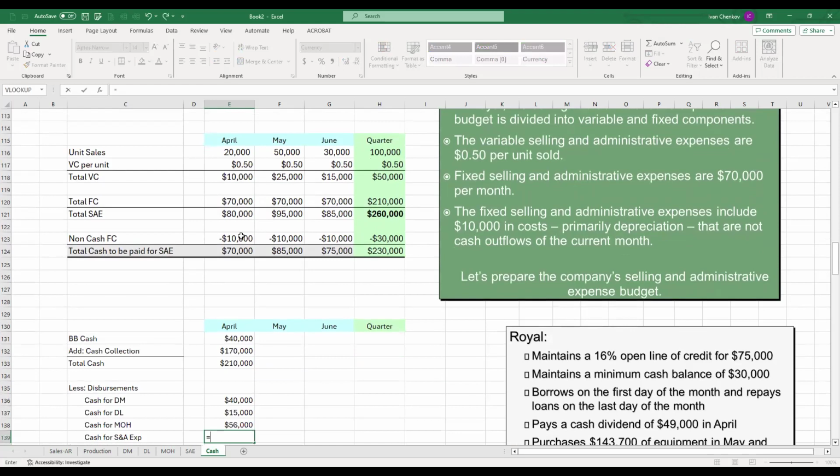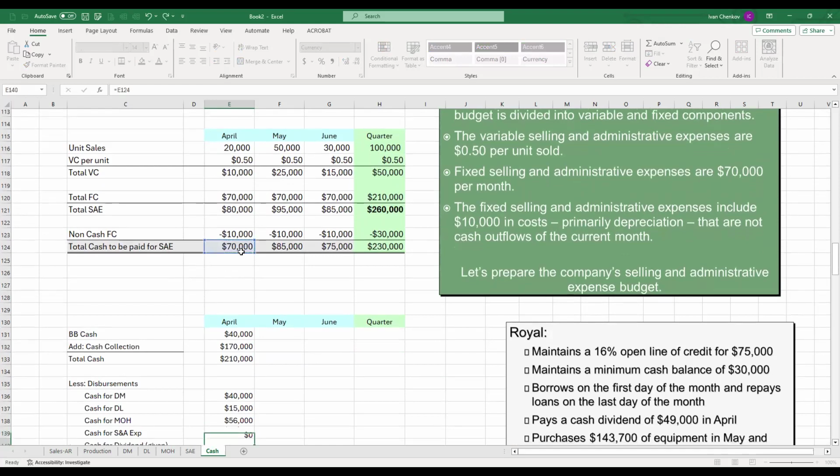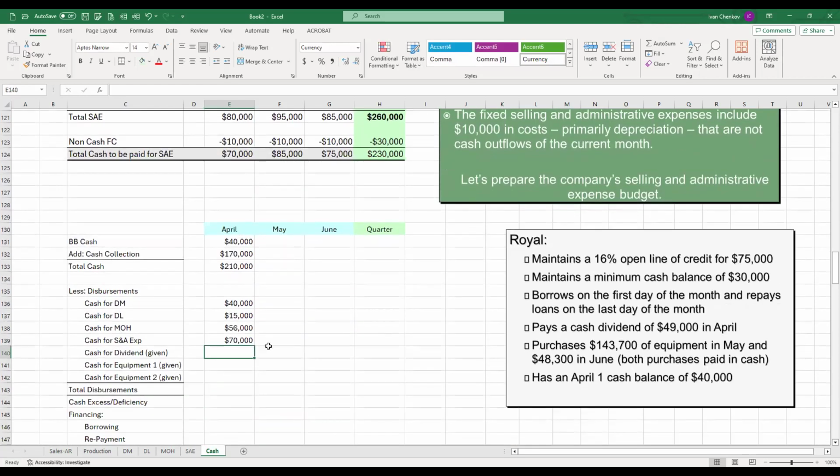Then we're gonna get the sales administrative expenses, the cash that we have to pay, 70,000. Then we're gonna pay the dividend, which is given to us, $49,000. And there's no equipment purchase in April. So in total, we're gonna spend $230,000.